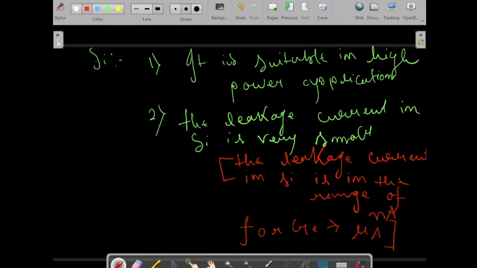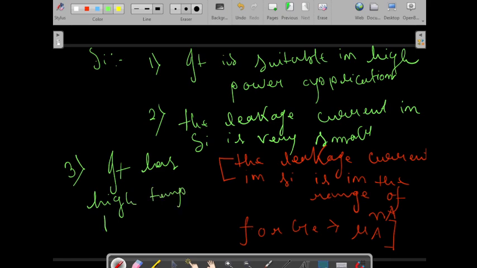And the next point is it has high temperature handling capacity.